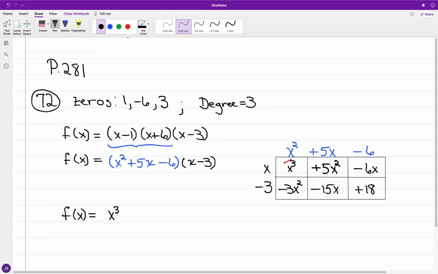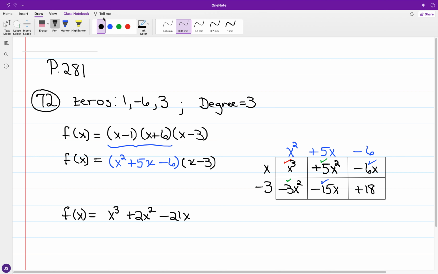For x to the second, we have -3x squared plus 5x squared, which leaves us with a positive 2x squared. For the first order in x, we have coefficients -15 and -6, and those combine to -21.